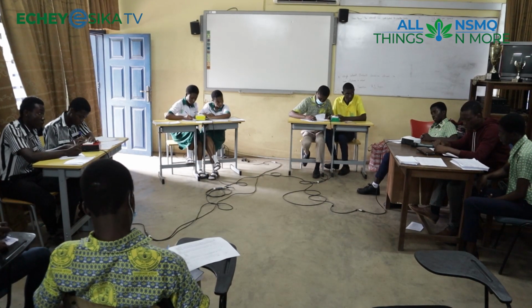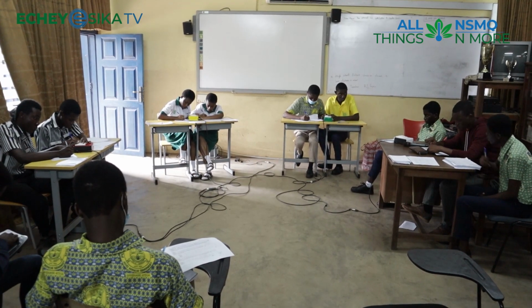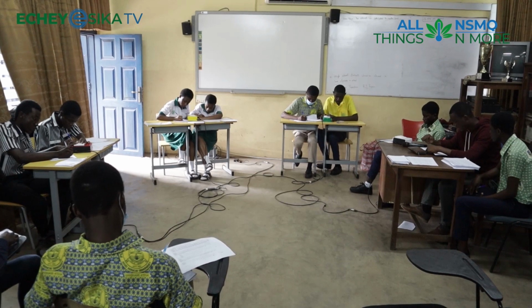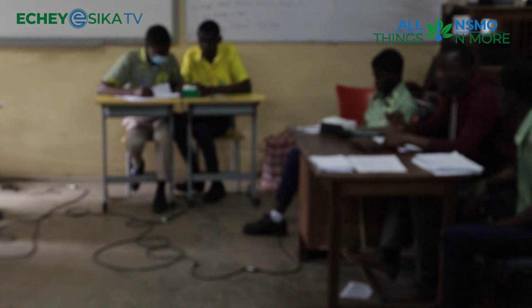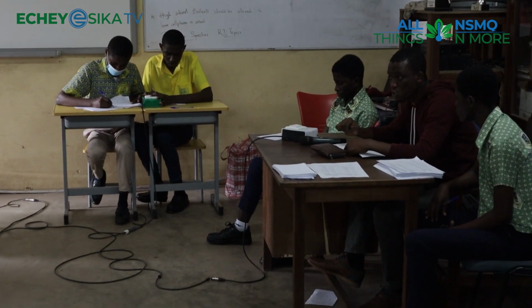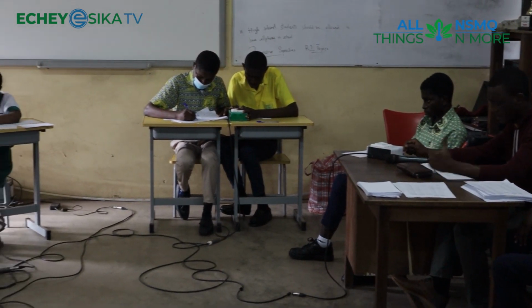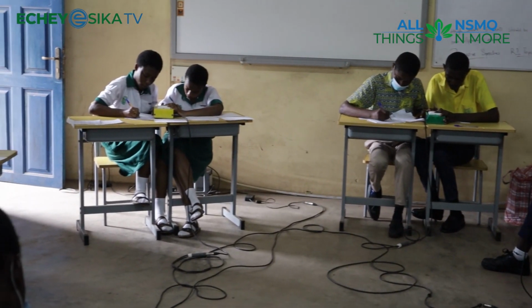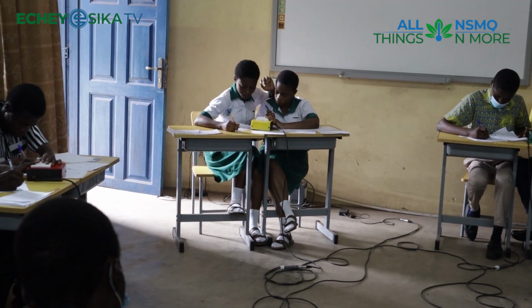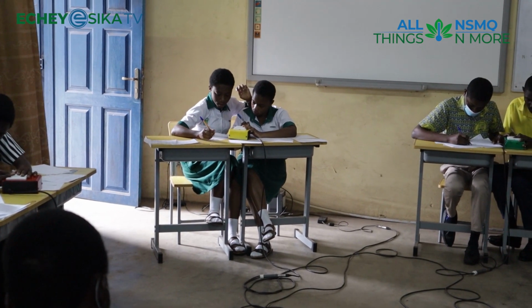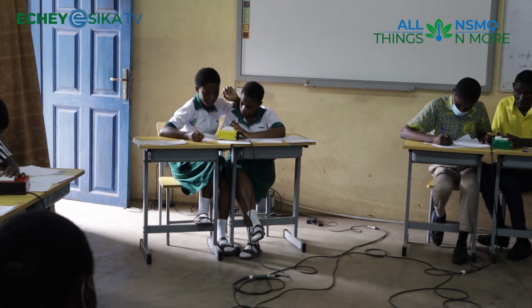Simplify: root of 48 plus root of 72 plus root of 12.5. It's 4 root 3 plus 6 root 2 plus 0.5 root 5.